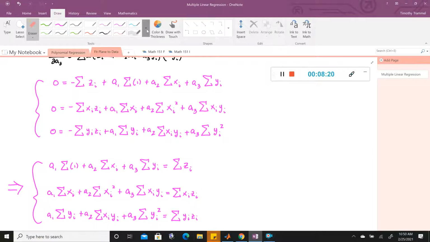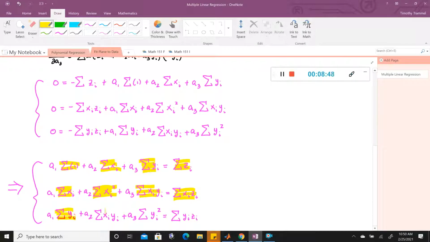But what I'd really like you to be able to see is that all these highlighted pieces, which I have a few more still to highlight, are the sums of really our data points.